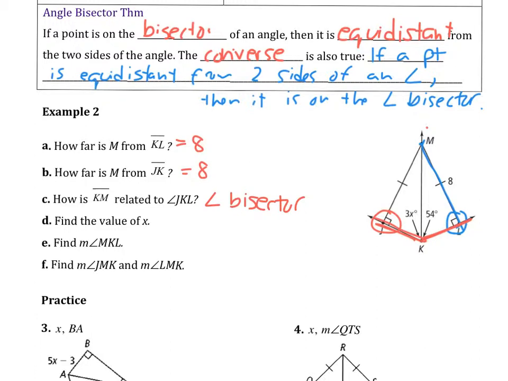How do I know that? Because we can say hypotenuse leg. We can say HL here. Here's hypotenuse, here's leg, and here's a right angle. So these two triangles are congruent, and since that's the case, these two angles are congruent. So therefore, to find out what X is, you just set it up like so.